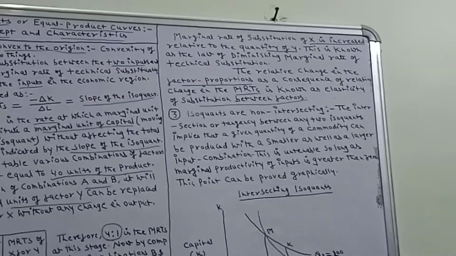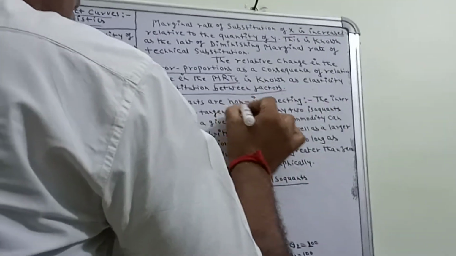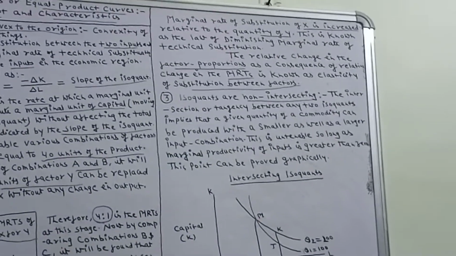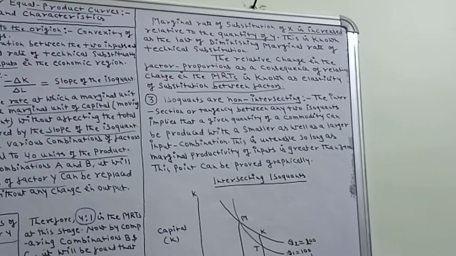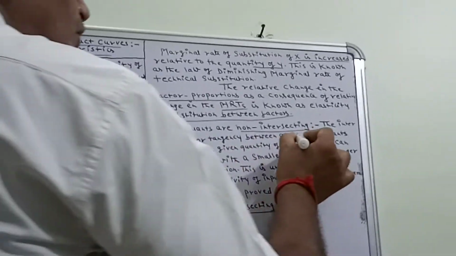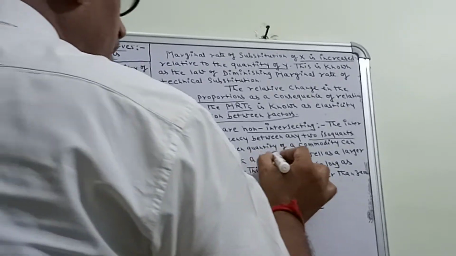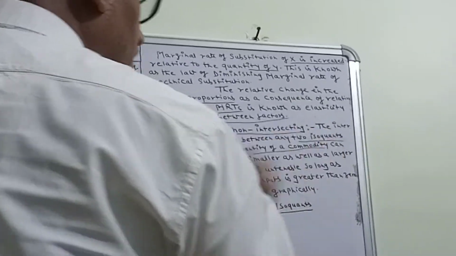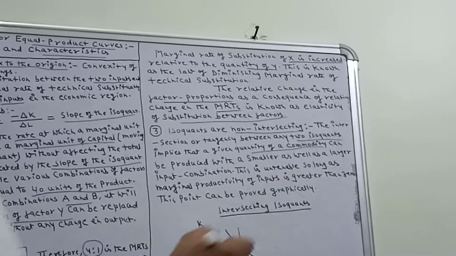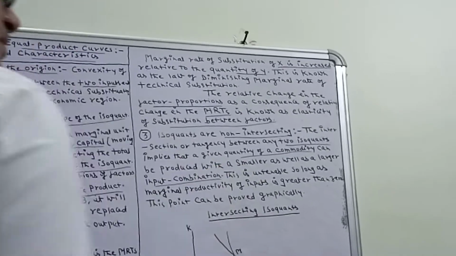Now the third property is that isoquants are non-intersecting. It means that two isoquants can never intersect each other. The intersection or tangency between any two isoquants implies that a given quantity of a commodity can be produced with a smaller as well as a larger input combination.